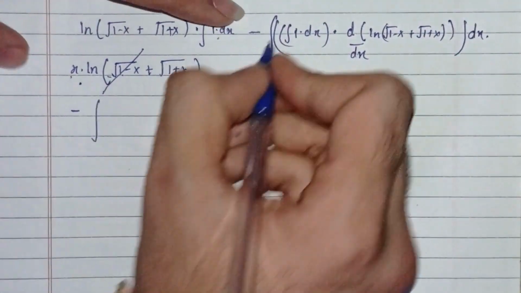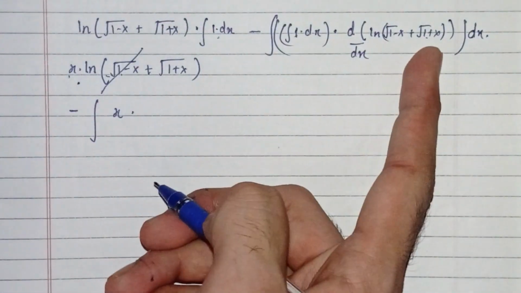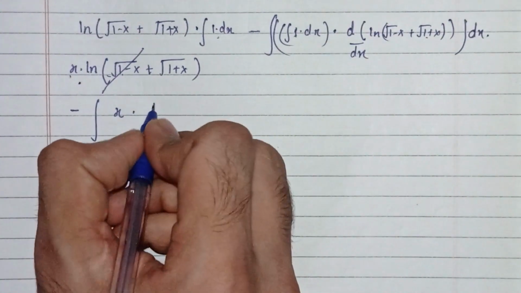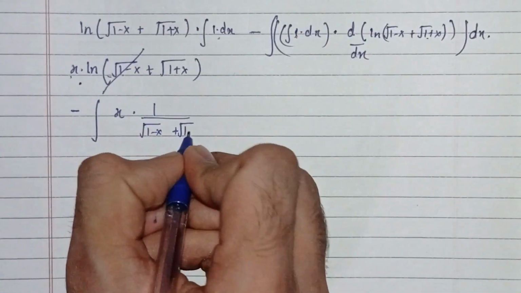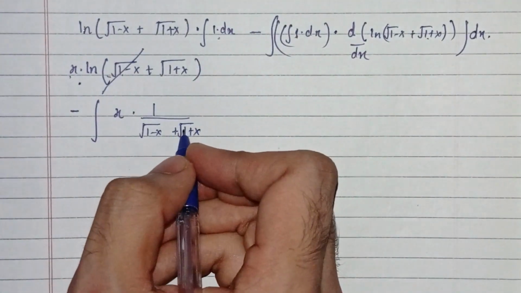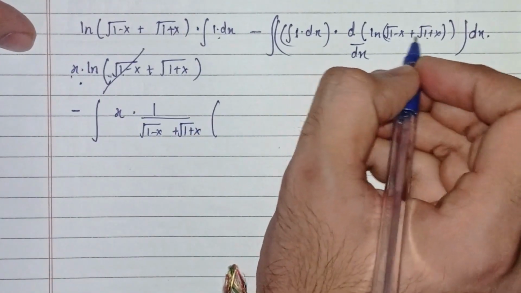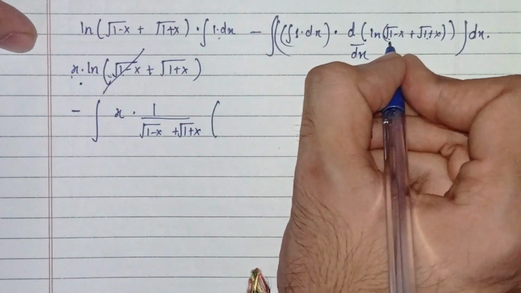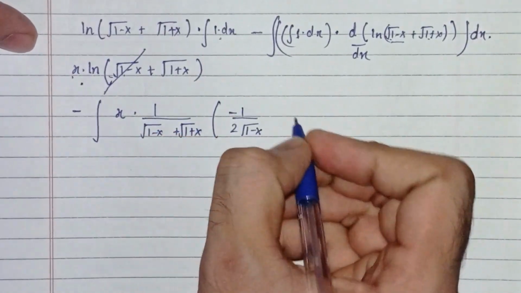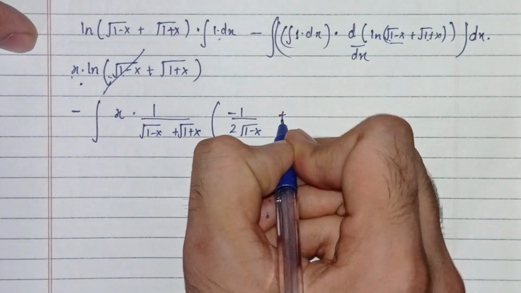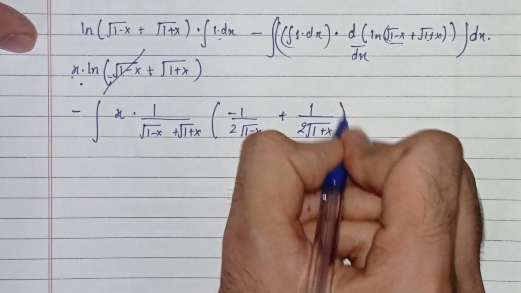Minus the integration of x times the differentiation of ln, which is 1 upon (√(1−x) + √(1+x)). So this is the differentiation of ln. Now I will differentiate this and this. The differentiation of this part is −1/(2√(1−x)), and this part is 1/(2√(1+x)).